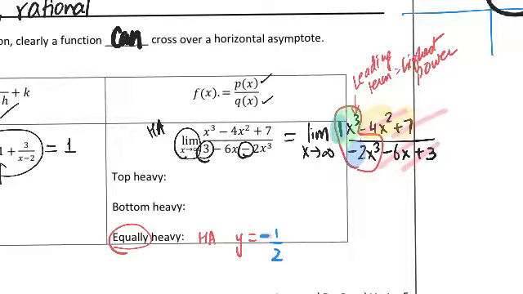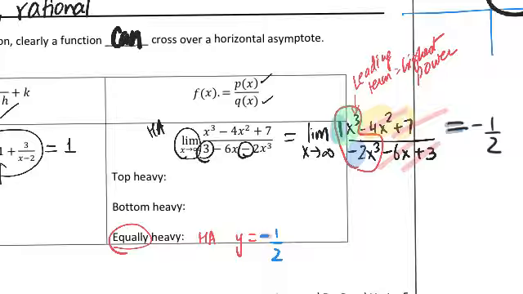And so then the x cubes cancel as x gets bigger and bigger, and the overall function settles down at negative 1/2, right? So the answer to this limit problem is negative 1/2. Okay, because the limit is asking about a horizontal asymptote, and we know from algebra that this being an equally heavy polynomial, the limit is negative 1/2.